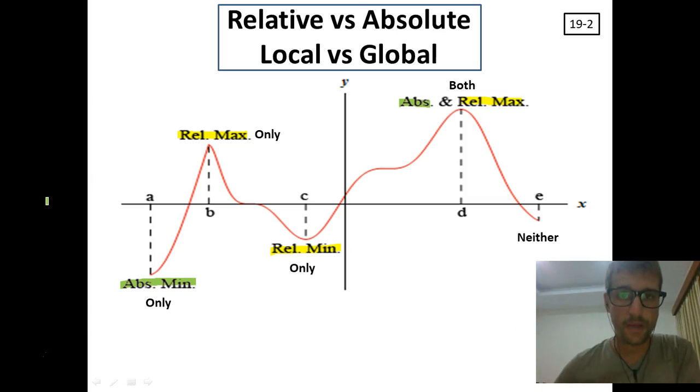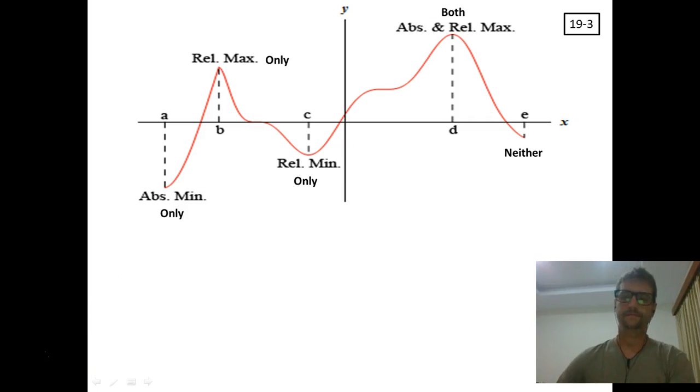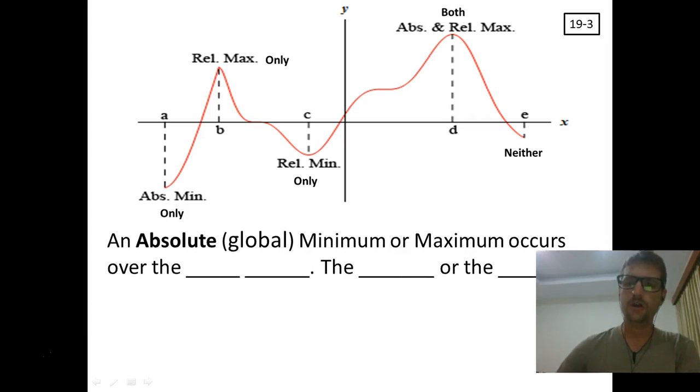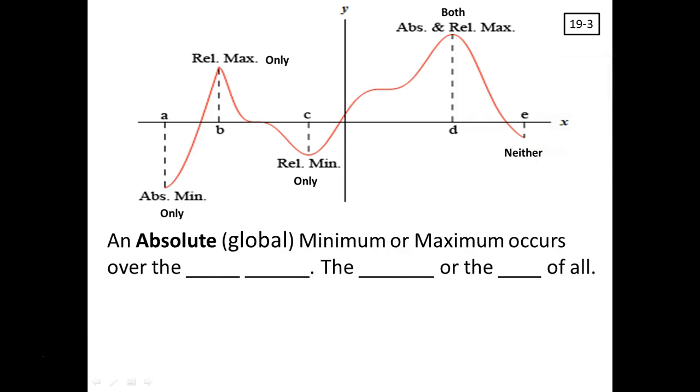Okay, so I hope you've already paused the video and thought about this for a second. This is essentially what is happening. When we're talking about an absolute max or minimum, the first thing we want to think is that an absolute maximum or minimum occurs over the entire interval.